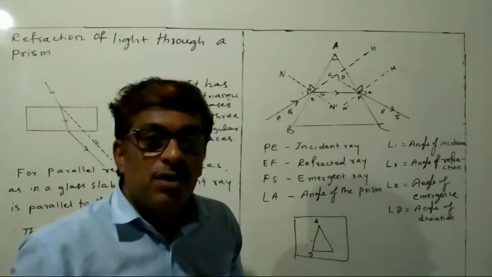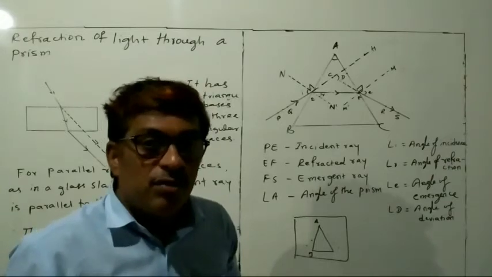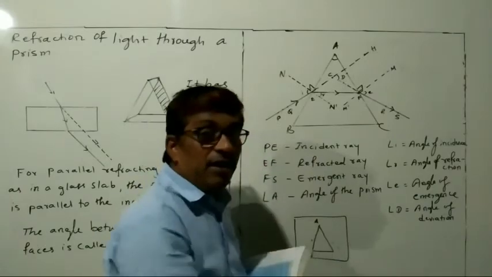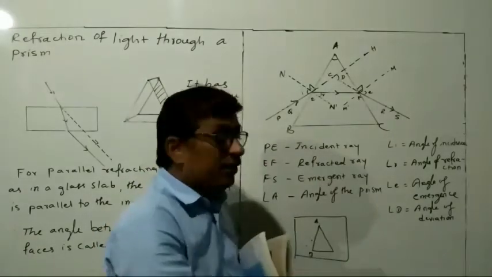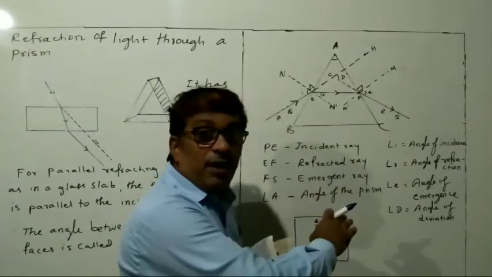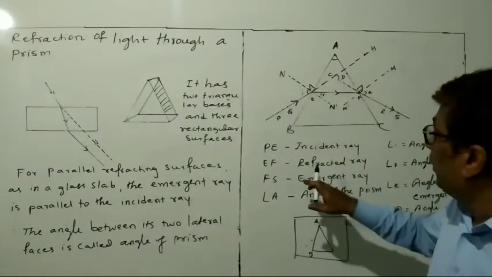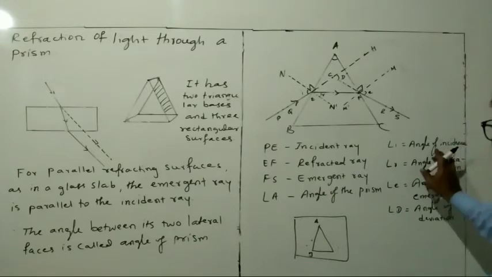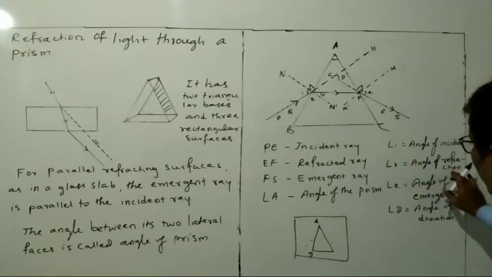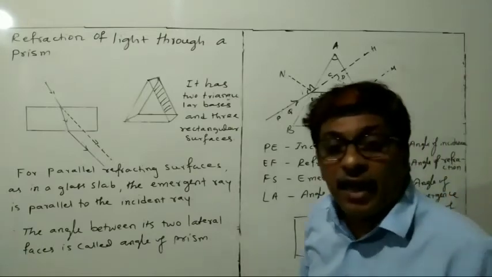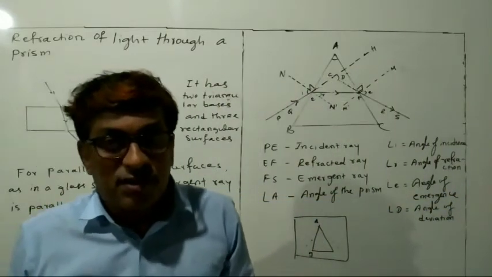Okay students, got the idea now. Remember the incident ray, refracted ray, and emergent ray, as well as the angle of prism, angle of incidence, angle of refraction, angle of emergence, and angle of deviation.